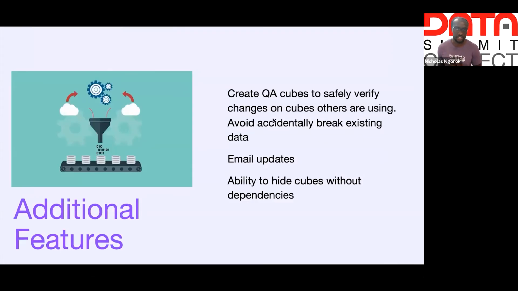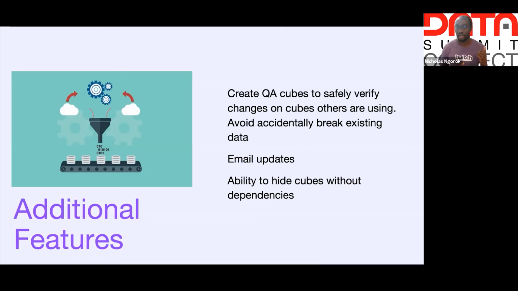Some additional features that Sheik provides: we have a concept of QA cubes, which are distinct from the rest of the ecosystem, that can be created and backfilled, and the data safely verified that it works appropriately before being added to the cubes that everyone has access to as a company. We also have email updates that folks can sign up to for cubes that they care about.